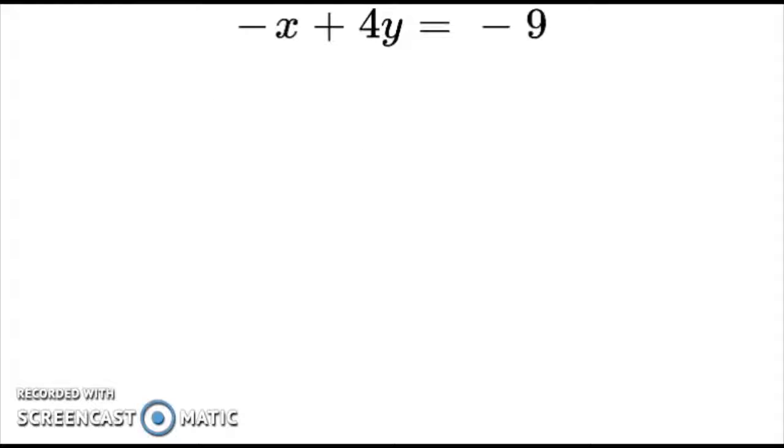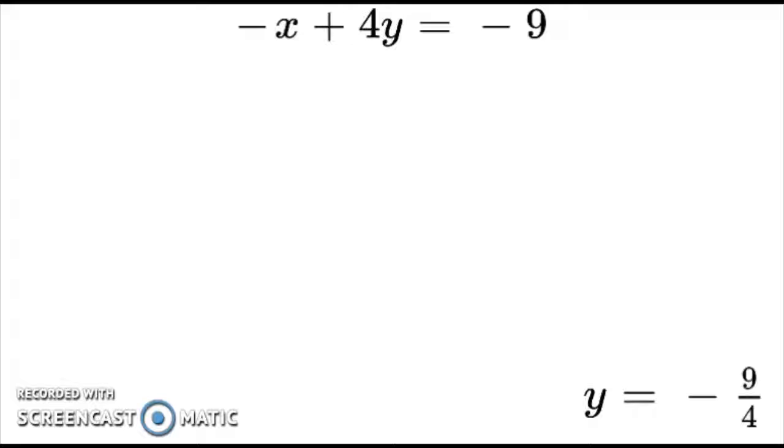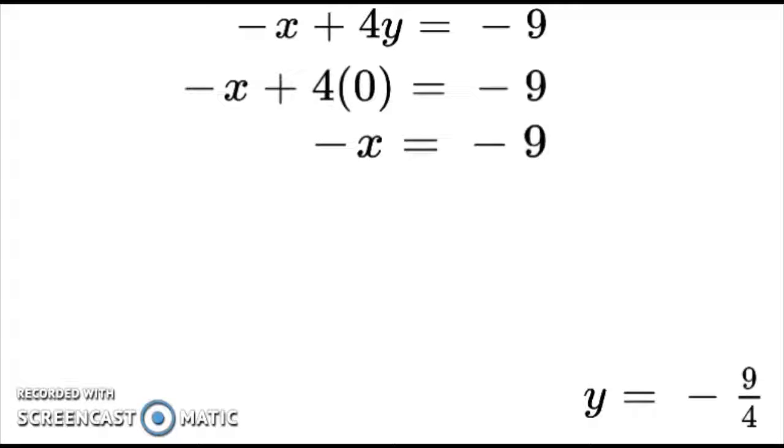Now to find my intercepts. To find the y-intercept, I'm going to substitute 0 in for x. Doing that gives me 4y equals negative 9. Divide both sides by 4. Y-intercept is going to be negative 9 over 4. To find the x-intercept, put in 0 for y. So I'll have negative x equals negative 9 because 4 times 0 is 0.